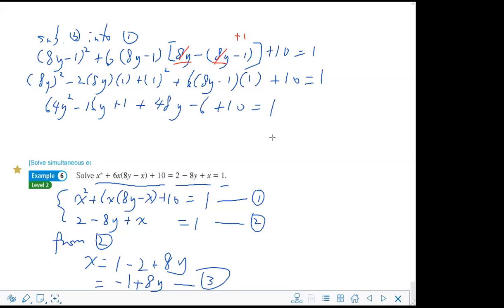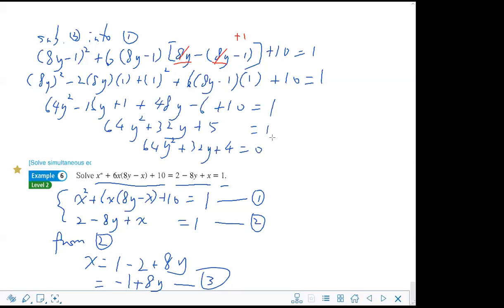And then it's 64y squared, and then the y term becomes 32y, and we have plus 5 equals 1. Now we need to move all the terms to one side, where the y squared term should be positive. So that should be 64y squared plus 32y plus 4 is equal to 0.